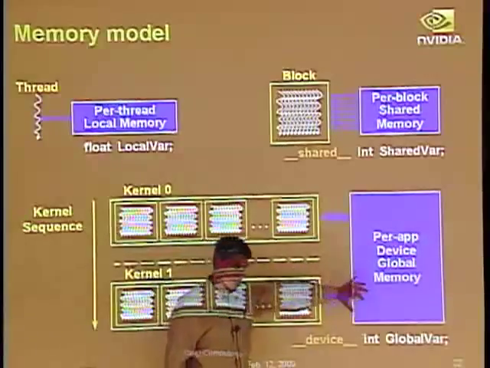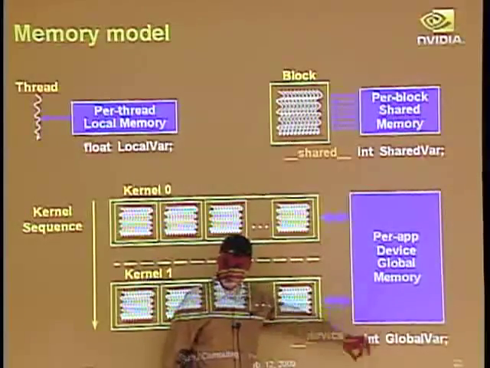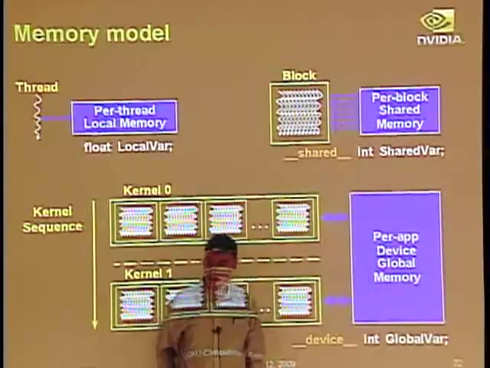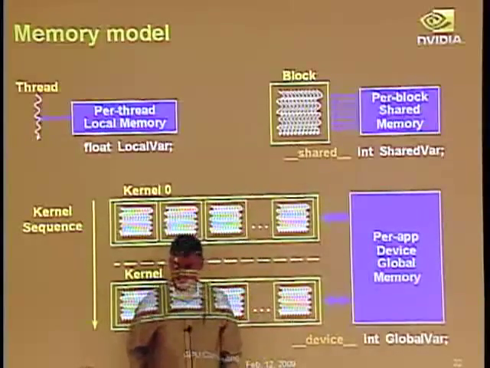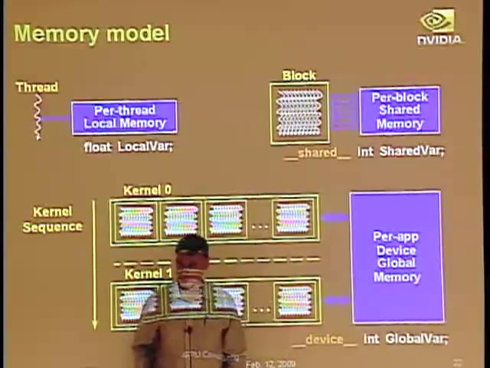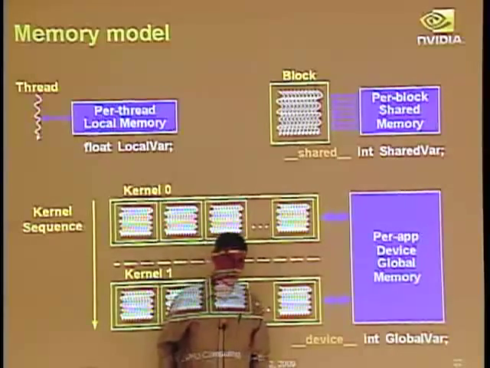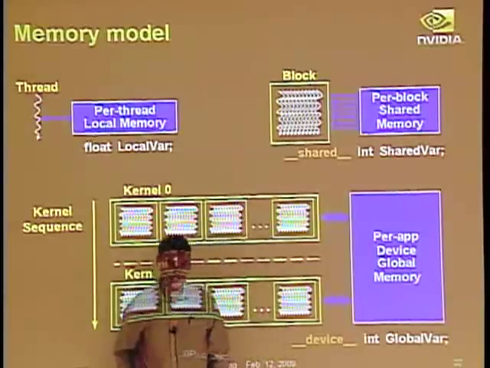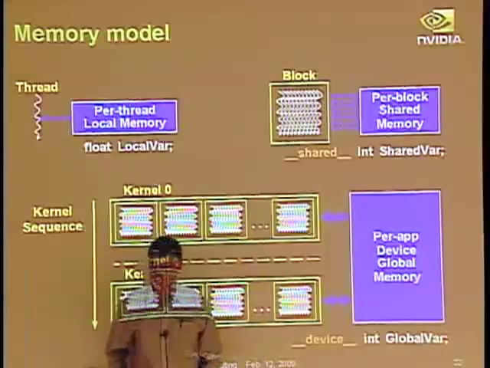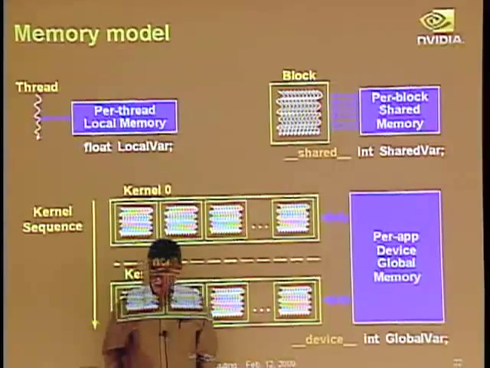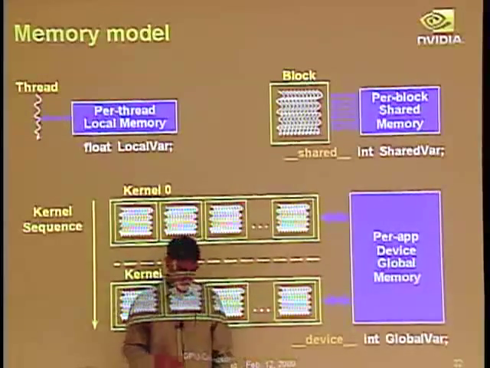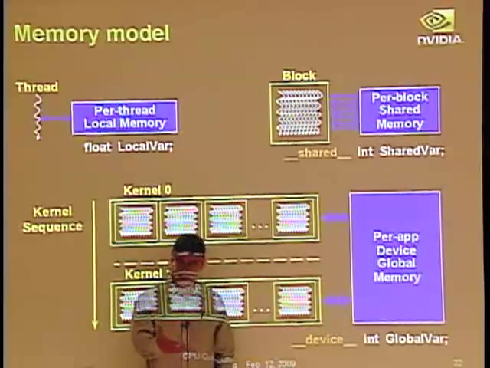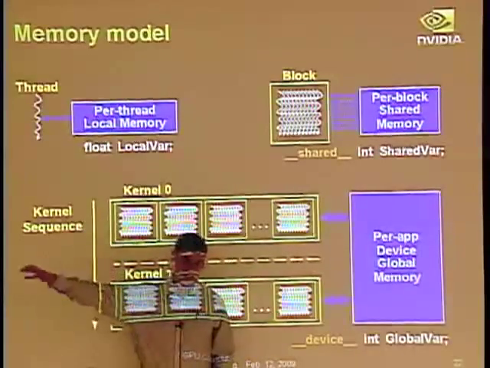So we had to add load and store instructions to the GPU, because previous to G80 and CUDA, there were no load and store instructions. There was a texture read instruction, and there was a way to render output pixels. That was it. There was no instruction that said store data register 3 at address in register 2.